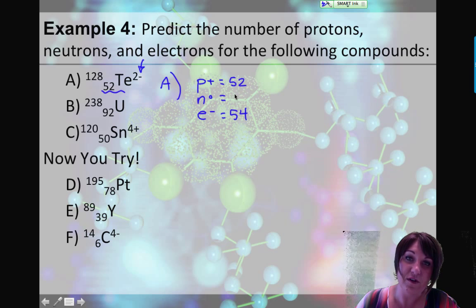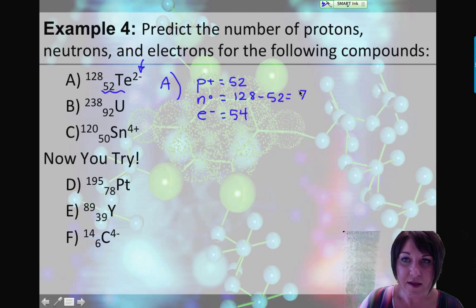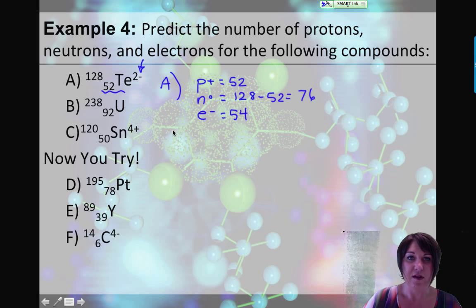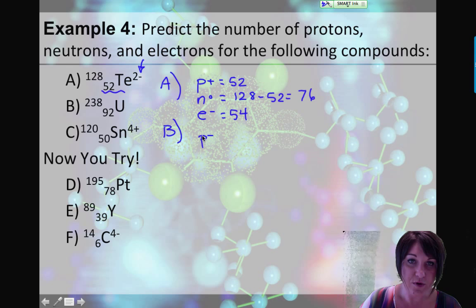And now for the neutrons, we take the mass number minus the atomic number, and we get 76 neutrons in that particular isotope of telluride ions. Now let's look at uranium-238. So for protons, we look at the bottom number, 92. That's our atomic number.